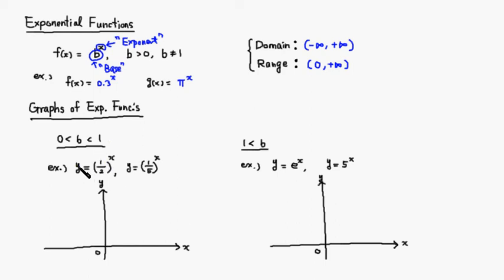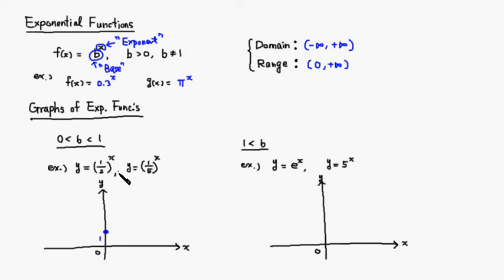For example, y equals 1/2 to the x. The y-intercept is easy to find: we set x equal to 0, and 1/2 to the 0 is 1. So it goes through 1, which is a nice property. The y-intercept is always 1.